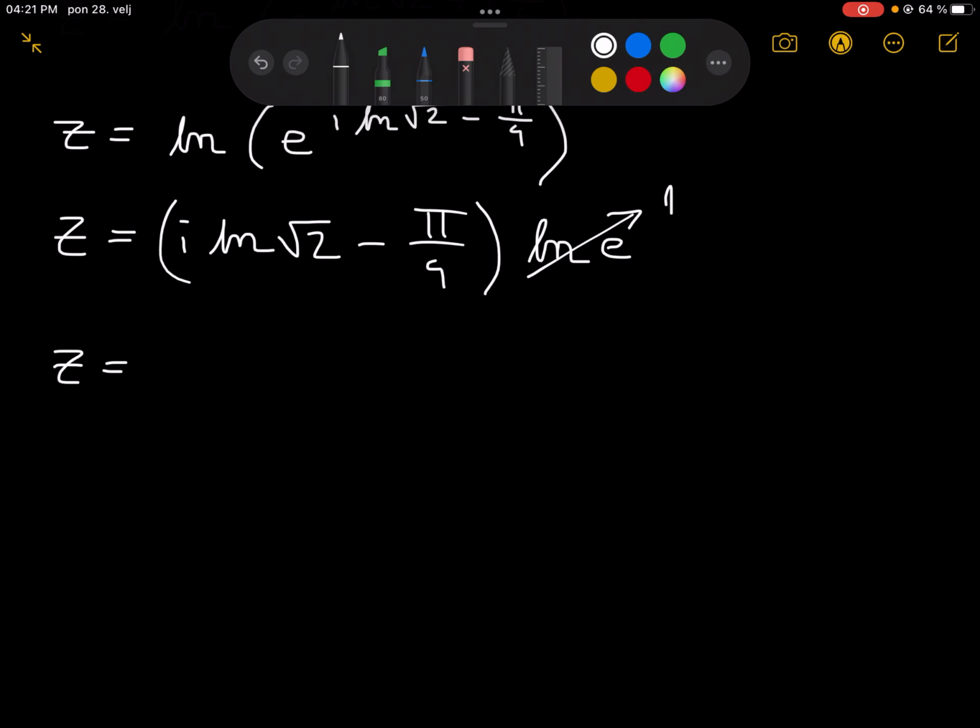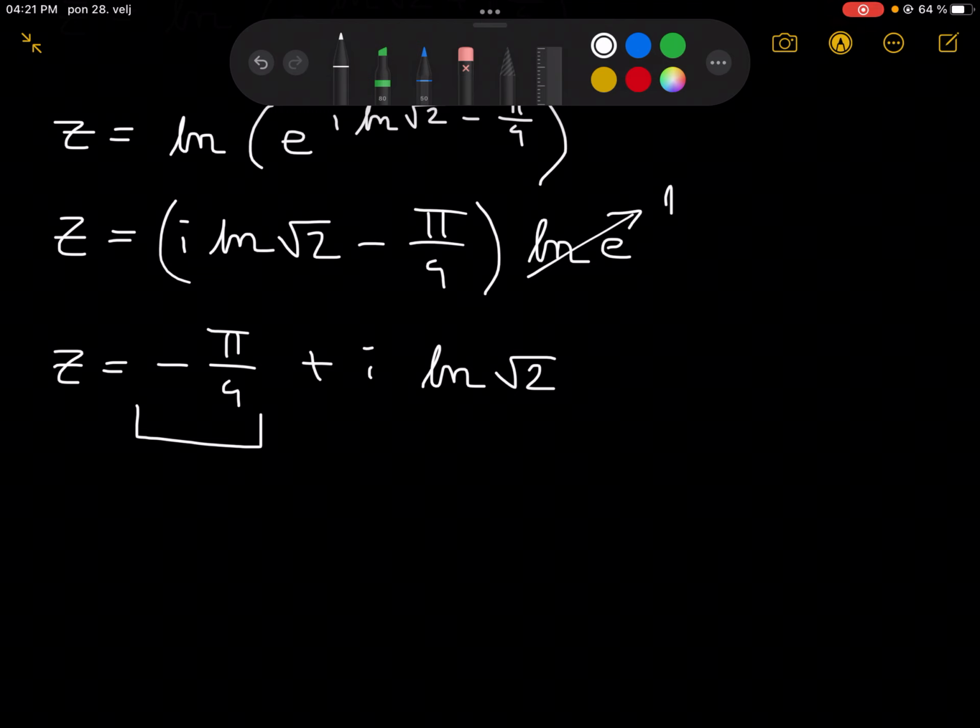So z, and I'll write it in this order, is equal to negative pi over 4 plus i times the ln of the square root of 2.